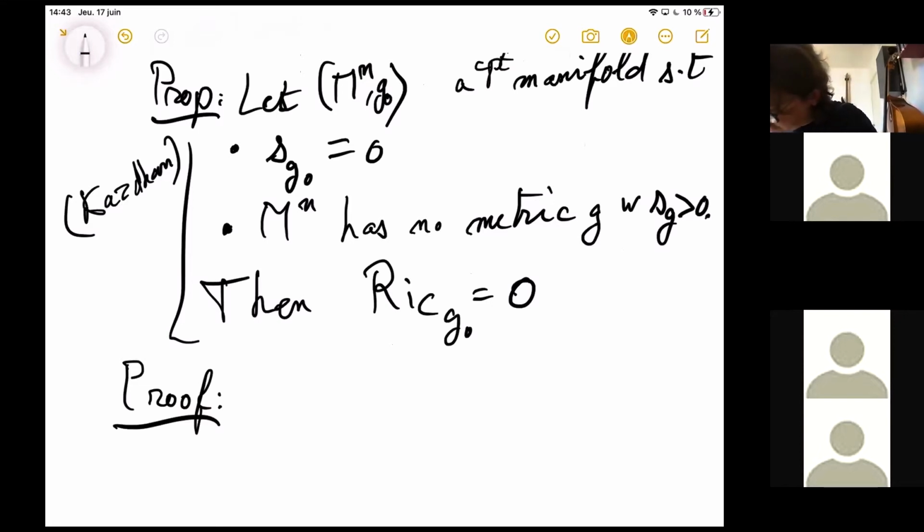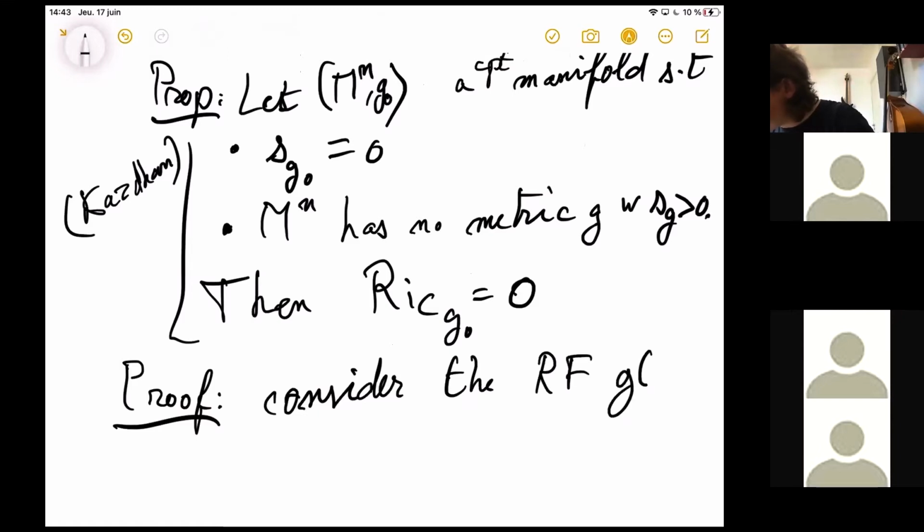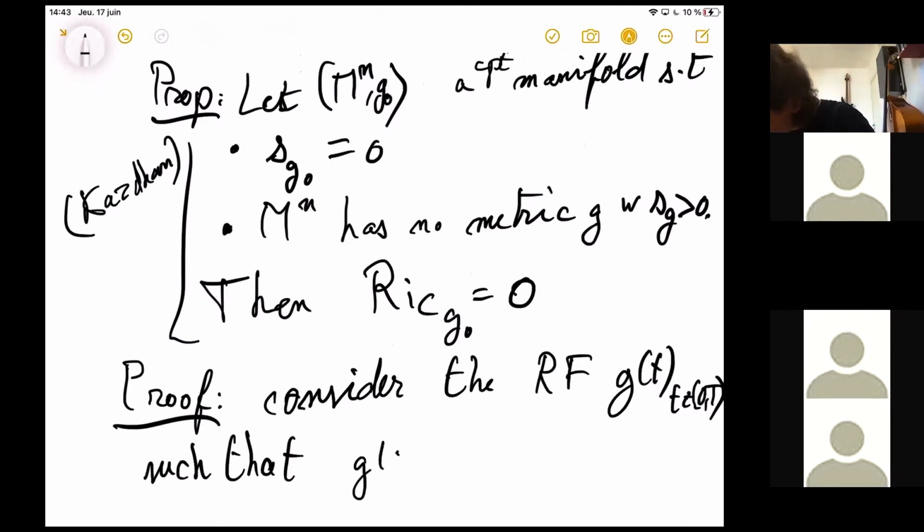So how do you prove that? So consider the Ricci flow g of t defined on some time interval, which starts at g naught.